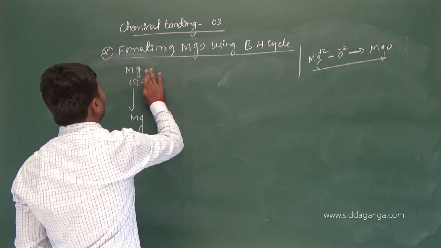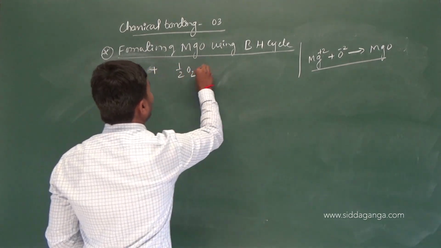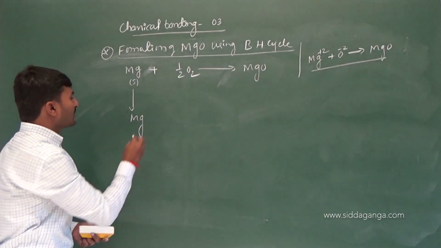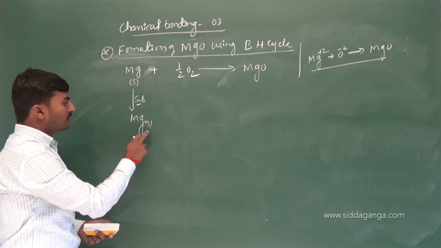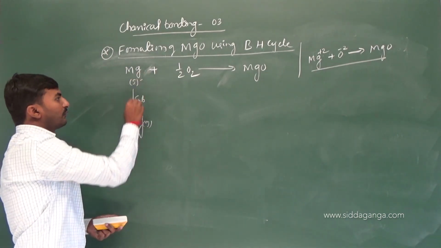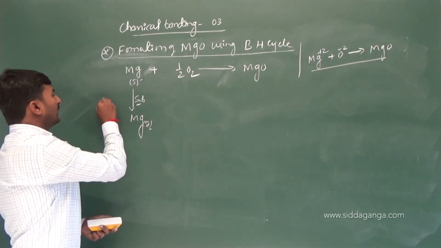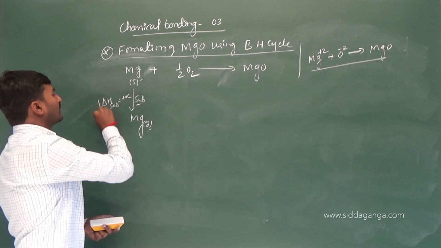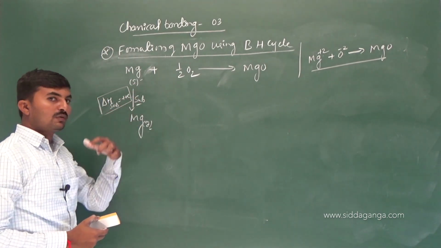The process of conversion of solid state into gaseous state is called sublimation, where magnesium is converted from its solid state to gaseous state. Again, enthalpy of sublimation is positive because this reaction is endothermic. Heat is absorbed by the system.